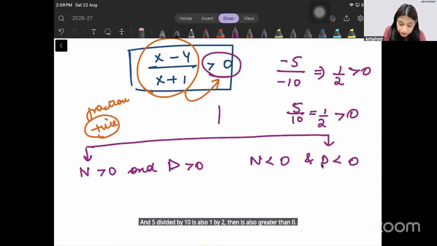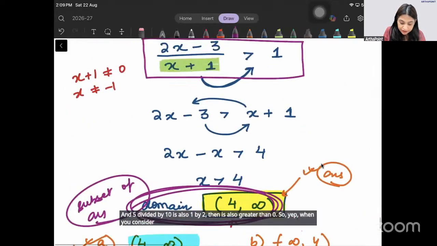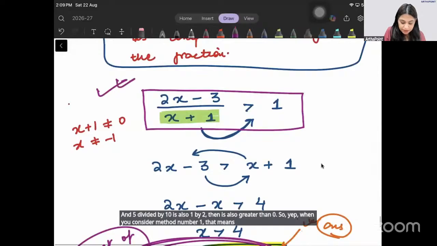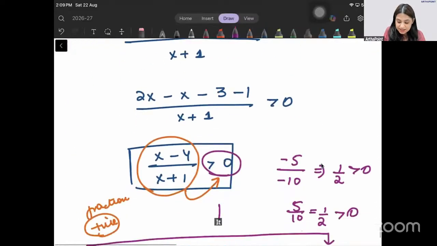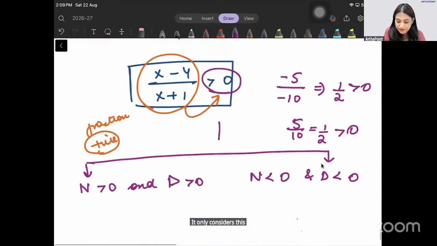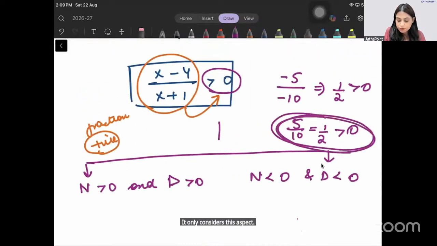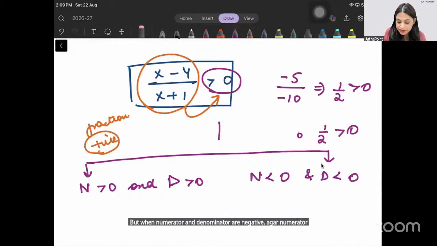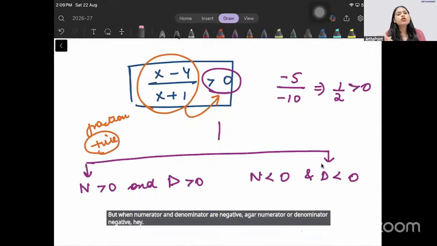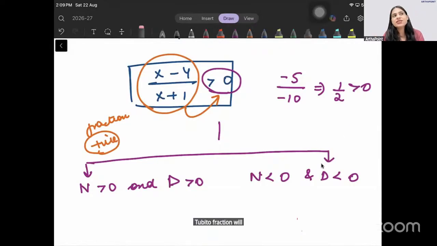So when you consider method number 1, it only considers this aspect. It gives you only this aspect. But if numerator and denominator are both negative, then also the fraction will be positive. It will cancel out each other.